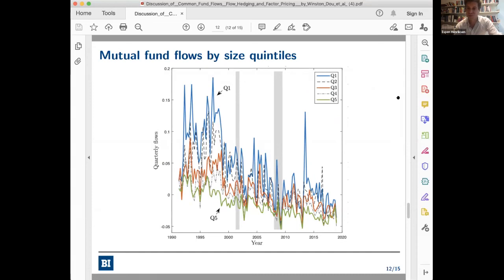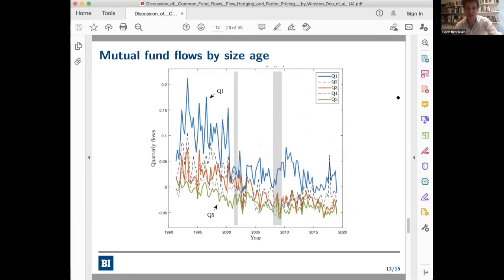If we see the same kind of figure with age, we see essentially the same picture. So volatile flows for the young firms, large and volatile, much less volatile for the older firms.